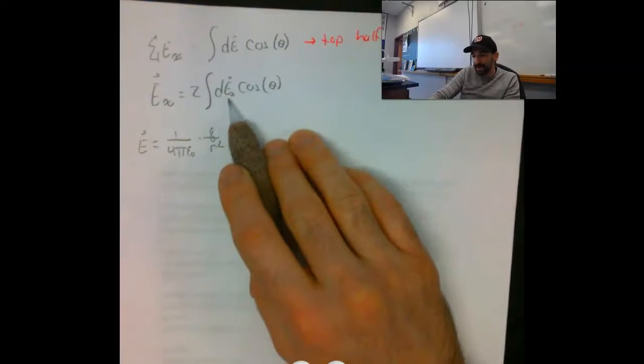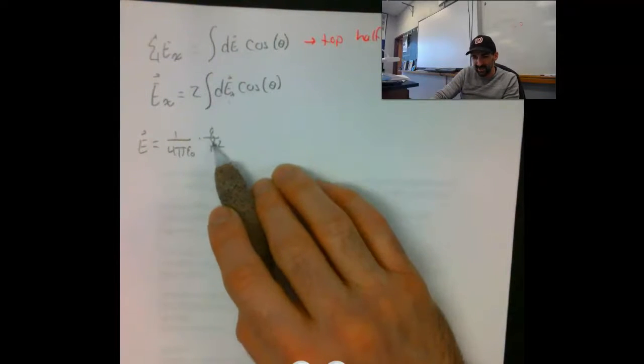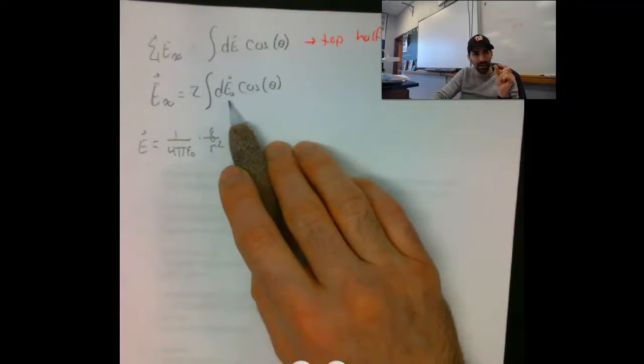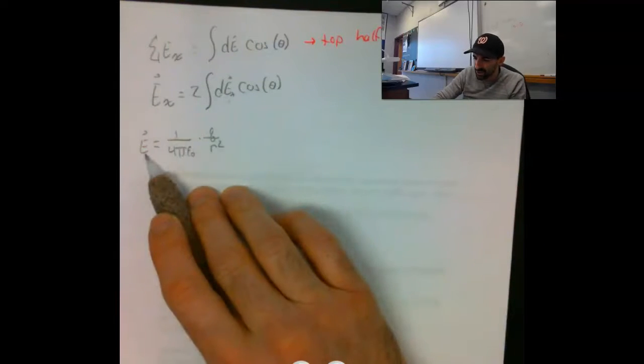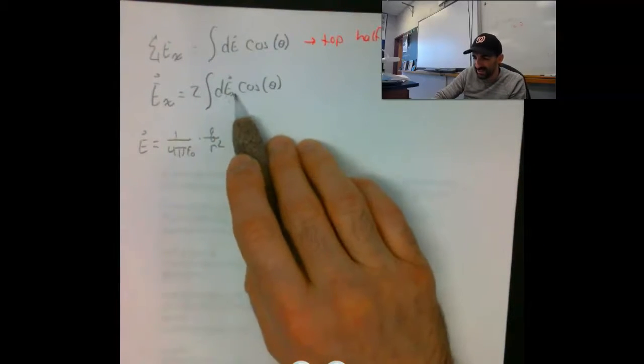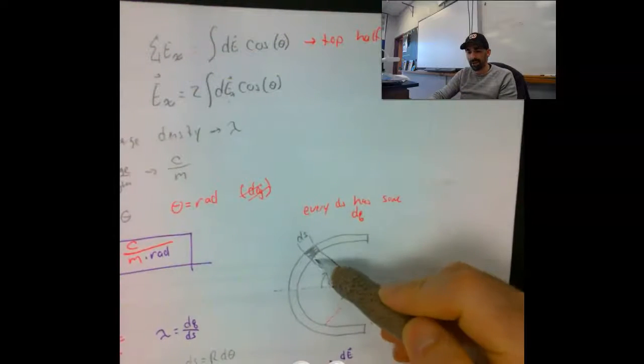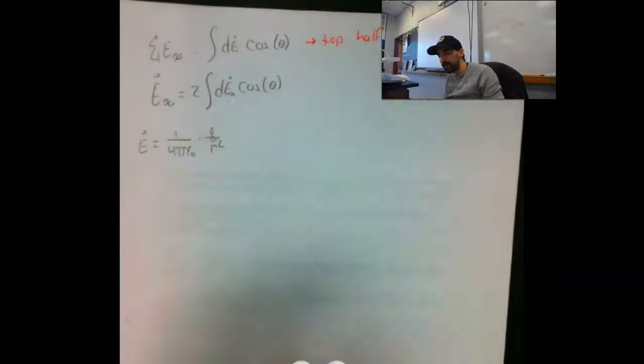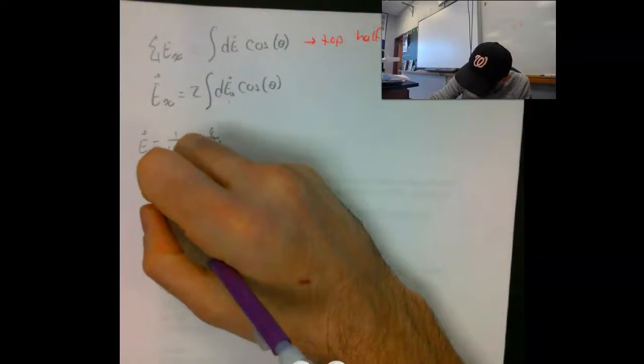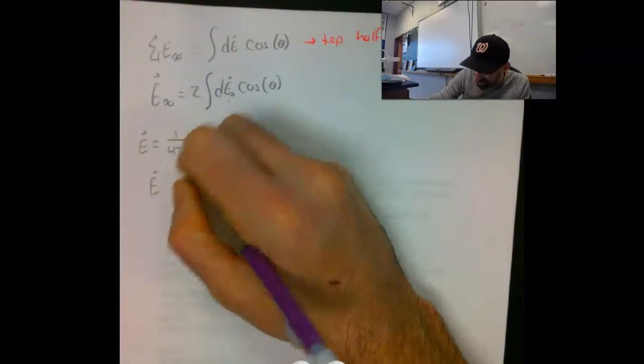I'm then going to plug that into here. Well, wait a second. That's a whole Q. Since it's a very small one, that's got to be a dQ. Right? So my electric field is Q over R squared. My dE is going to be dQ, that very small charge from that very small spot. Beautiful. So my electric field, actually it's not even the x direction.